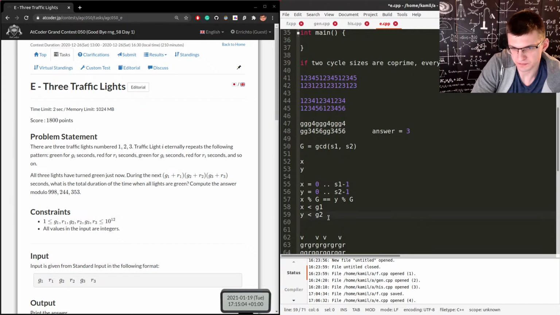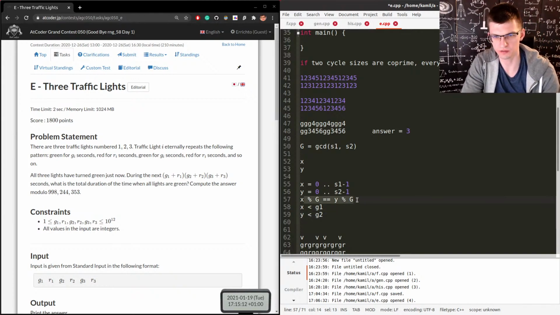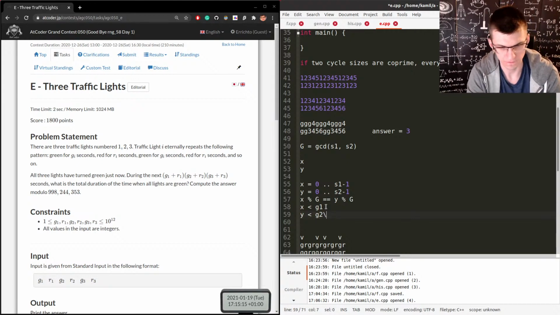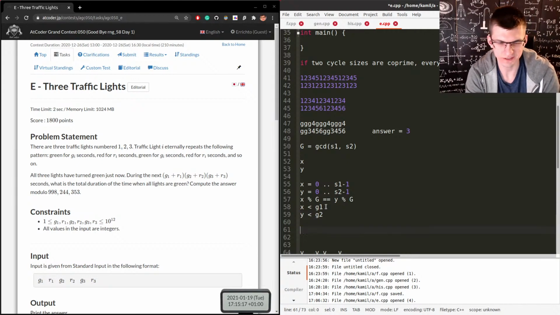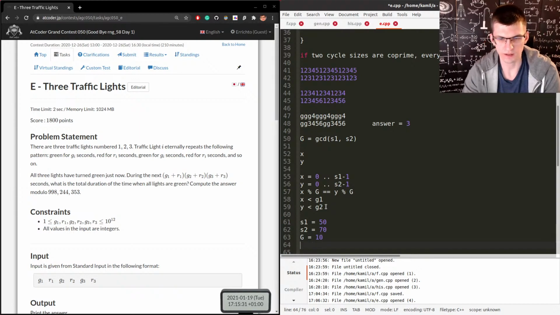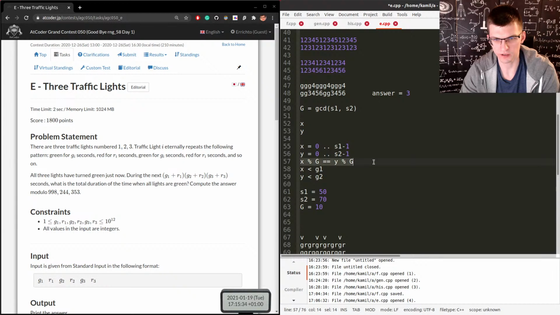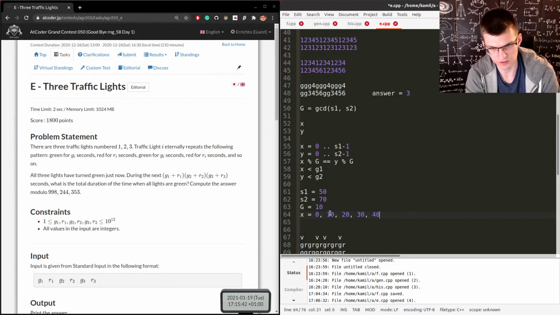Right. Well, when I look at different remainders modulo G, let's take some example. S1 is 40, S2 is 70, GCD is 10, and then when I look at remainder 0, then I know that x must be 0, 10, 20, 30, 40, and that's it.